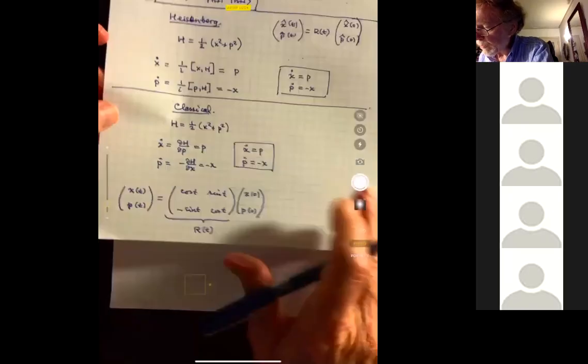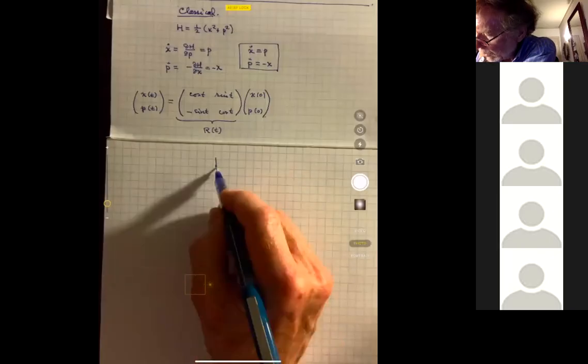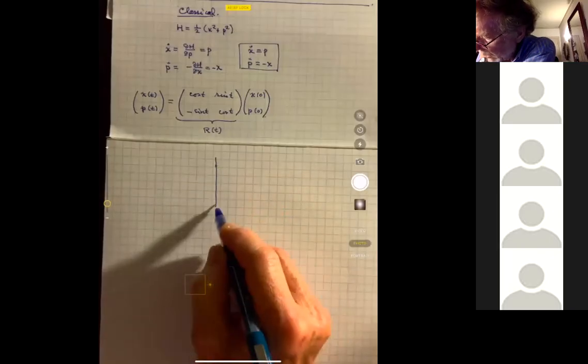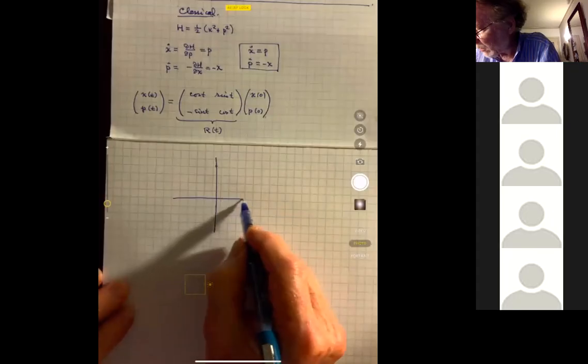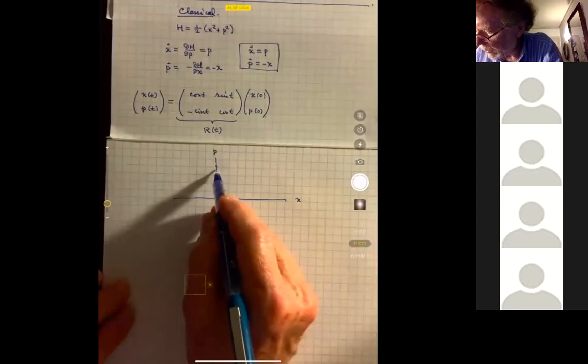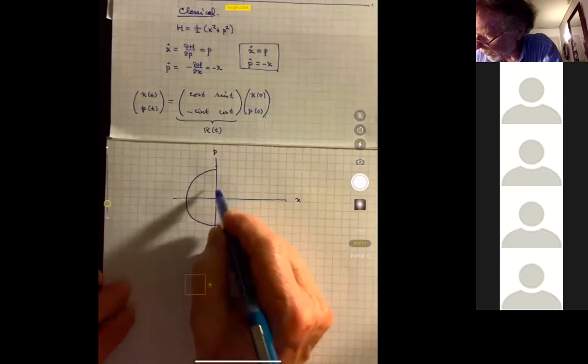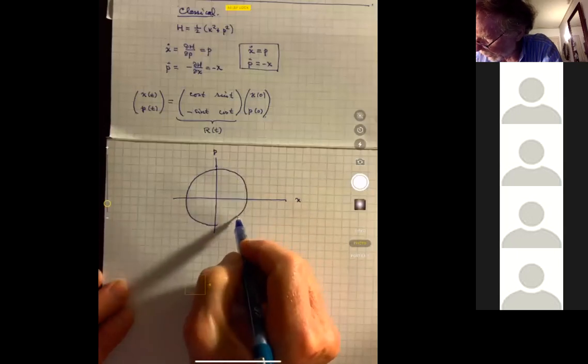Right, now, allow me to continue for a bit with the classical solution. Let's plot the orbit in phase space and see what it looks like. So phase space is position x and momentum p like this. The Hamiltonian has contours which are circles. That's the orbit, a circle in phase space in these scaled units, like this.